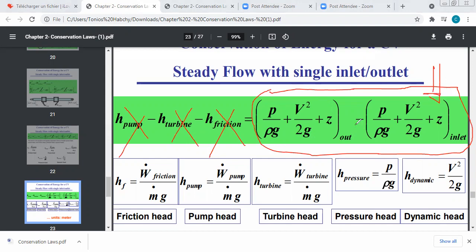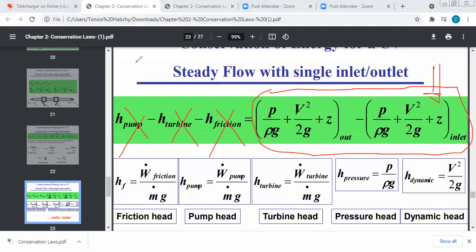So the energy of the inlet flow will be equal to the energy of the outlet flow, and we can write the common Bernoulli's equation that we use a lot. This is the most general equation, and in particular cases, we started from Reynolds transport theorem, the most general equation, and then we applied it first for steady flow.